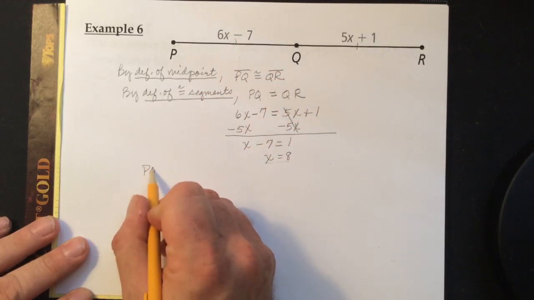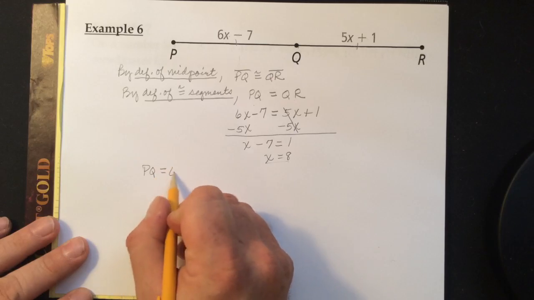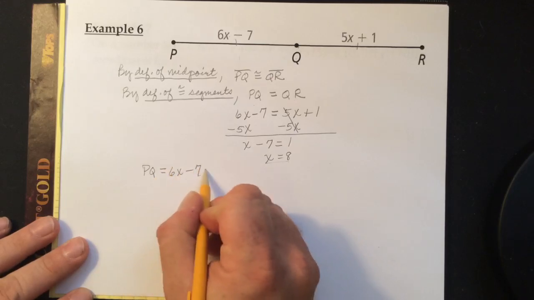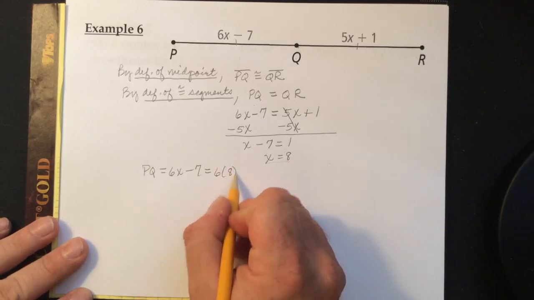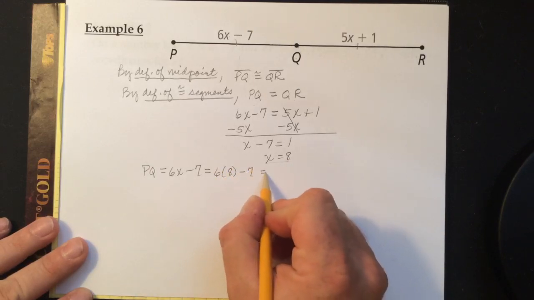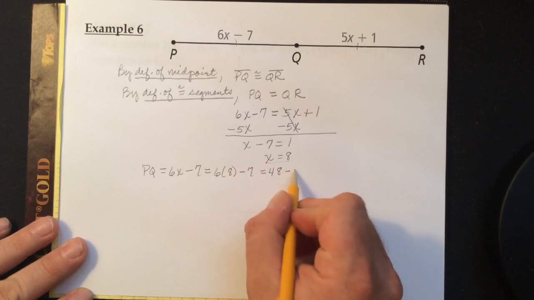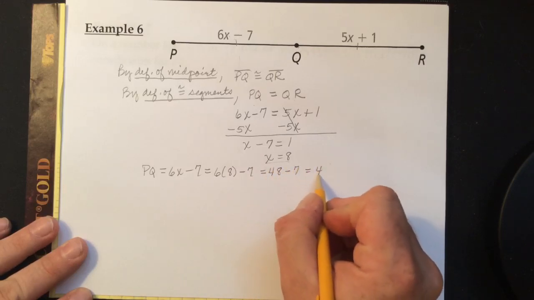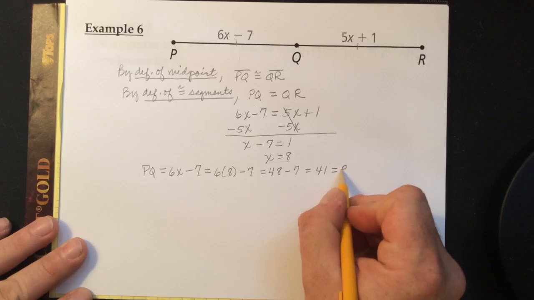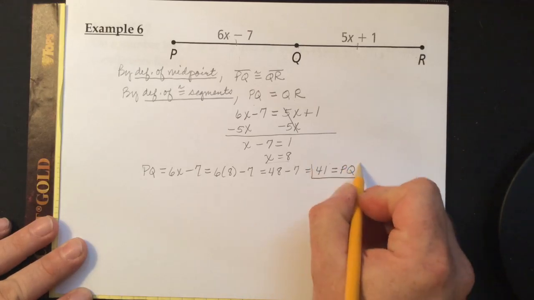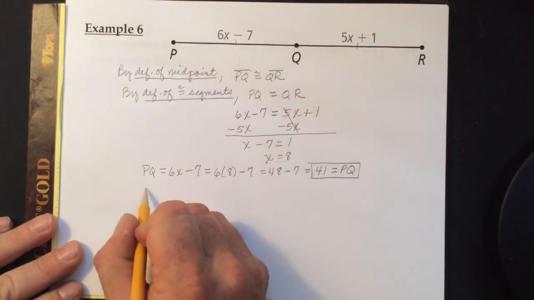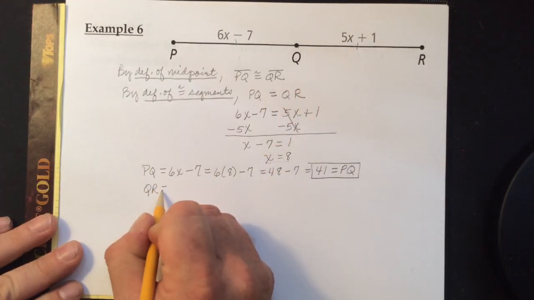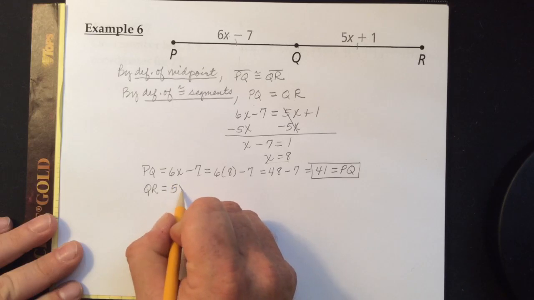So starting with PQ, the length of PQ was 6x minus 7. So substituting in x equal 8, we have 6 times 8 minus 7, which is 48 minus 7, which is 41. So the length of PQ is 41. Then we move over to QR, or the length of QR was equal to 5x plus 1.